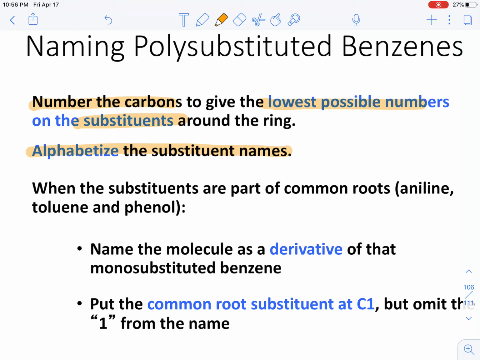Now, a subtle difference between naming polysubstituted benzenes and that of alkenes, alkanes, alkynes is substituents that are part of the common root. So for example, if you had aniline, toluene, and phenol, you're going to use aniline, toluene, phenol as the name of the parent chain. And then everything else outside of that is going to be your substituent.